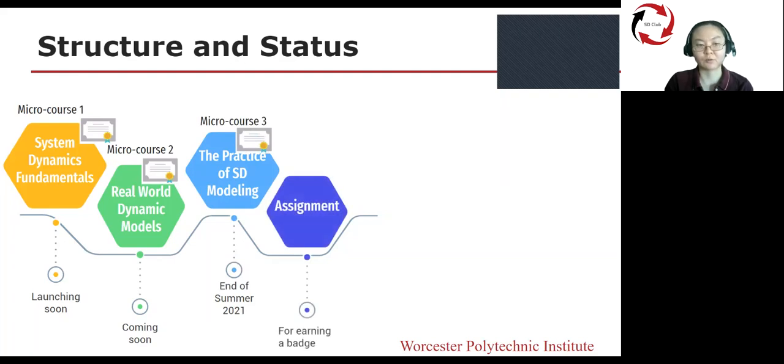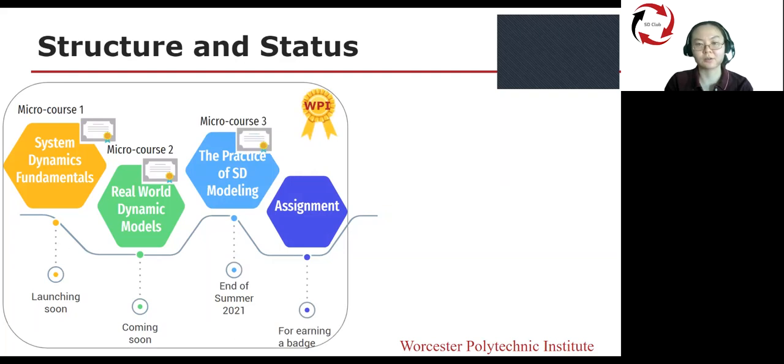Then after you finish all three micro courses, you can do a comprehensive assignment, which someone will grade, either a TA or a faculty member, and you can earn a WPI badge. And this badge is e-verifiable.